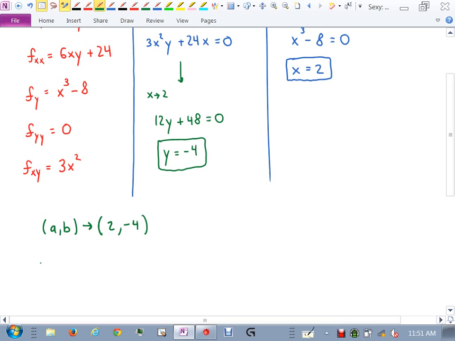So I'm going to now compute D at that point, 2, negative 4. What's fxx at 2, negative 4? Well, I might have to actually work this one out. I can see it right here. I'm going to plug in 2, negative 4 right here. 2 times negative 4 is negative 8, times 6 is negative 48, plus 24, negative 24.